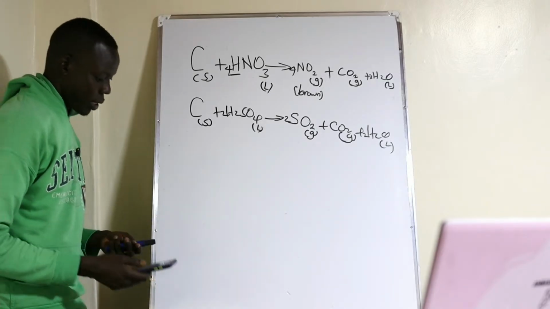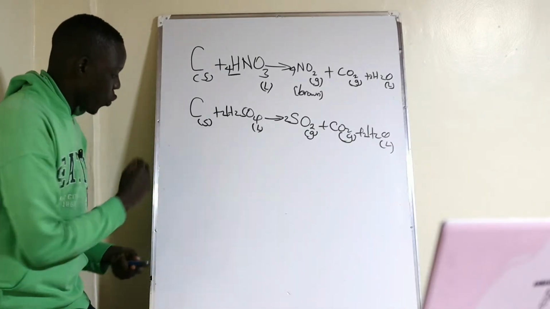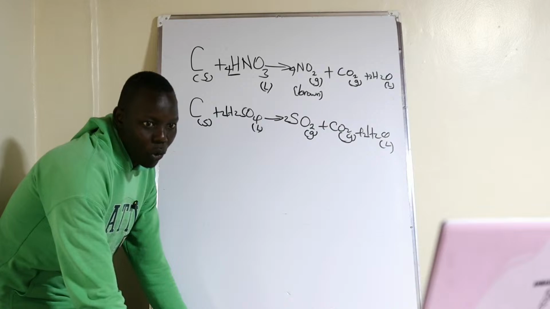Is it in order now? I think it's in order. As you are confirming if it is balanced, also confirm if you have any question as we are moving on.